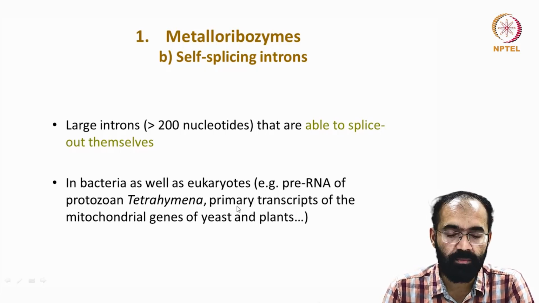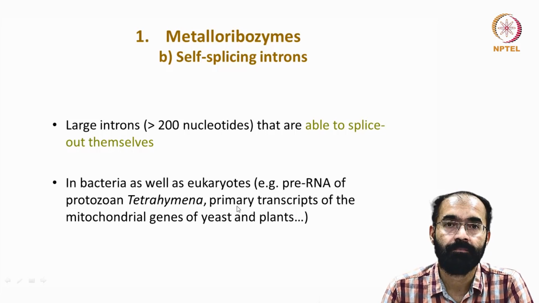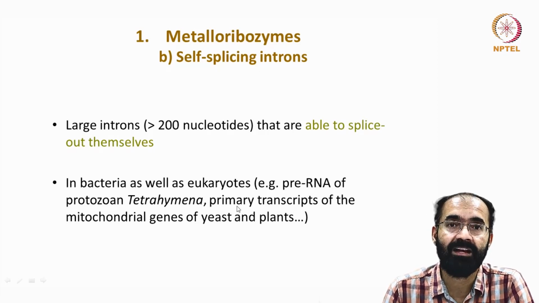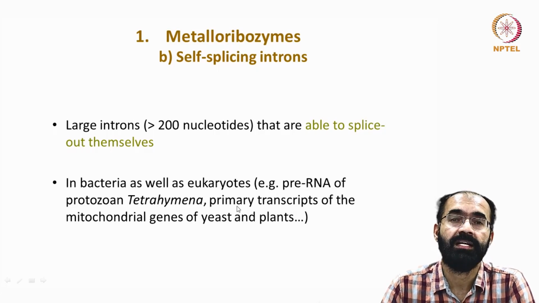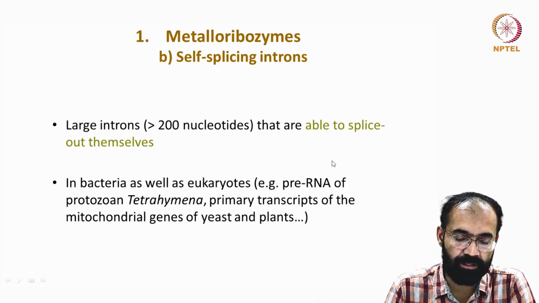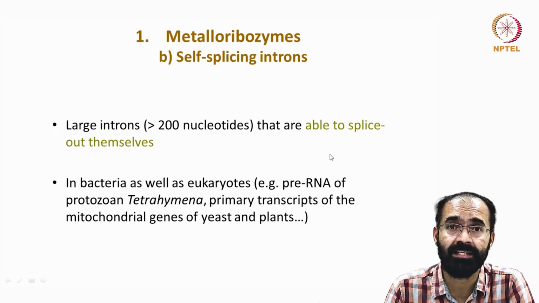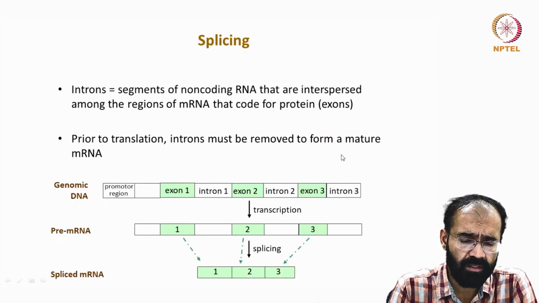When you talk about a self-splicing ribozyme or self-splicing intron, no other molecule comes from outside. It is basically the same intron folding in such a way that it can get itself out of the RNA structure. So that is called self-splicing introns or self-splicing ribozymes.